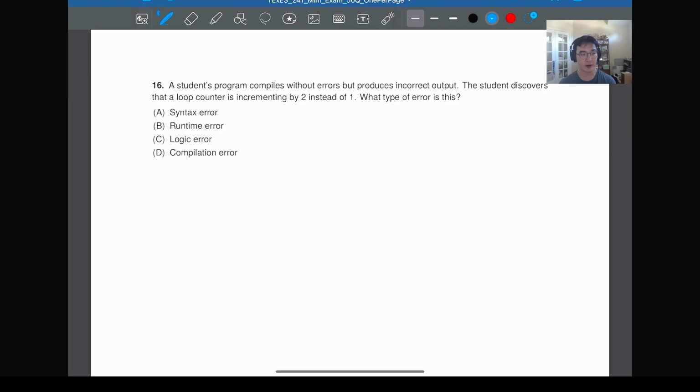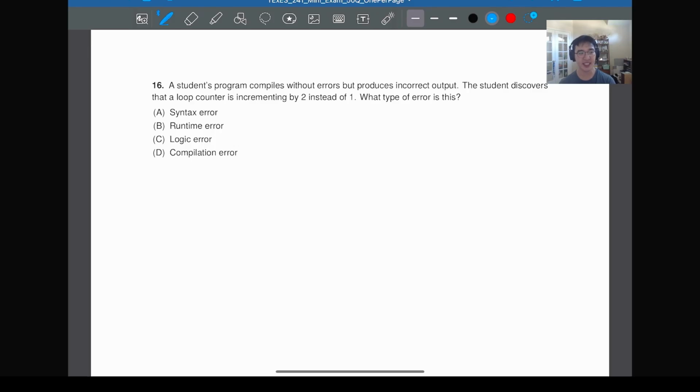D, compilation error. So a syntax error is a type of compilation error. But basically, there's 2 parts to running, for example, a Java program. You first compile the program, and then after the program compiles, you can run the program. But as we see in question 16, it says a student's program compiles without errors.